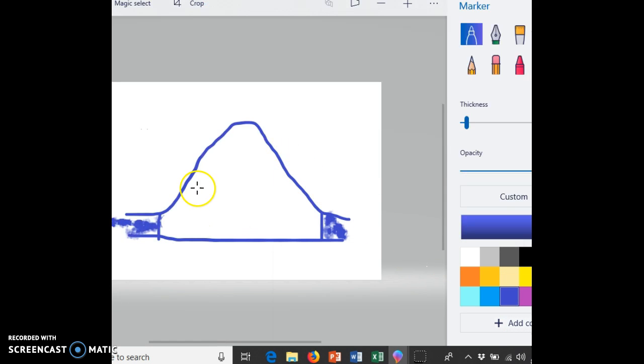We have two tails, a shaded area over here and an area over here, and the marks are negative 2.576 and positive 2.576.